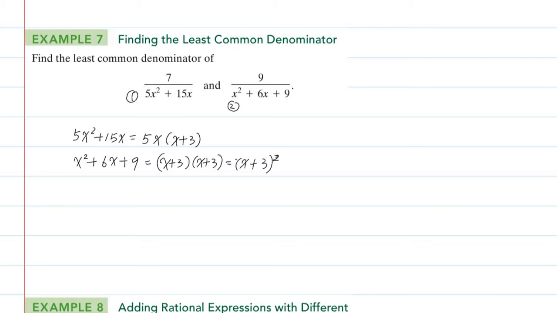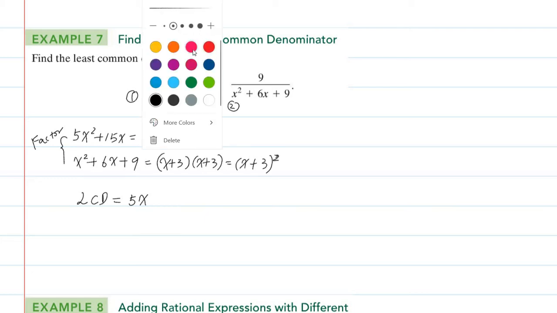So this is a square. Once we factor it, we look at the least common denominator, which is just equal to all the factors. We have 5 right here, we have x right there, then we have a repeating factor, x plus 3.